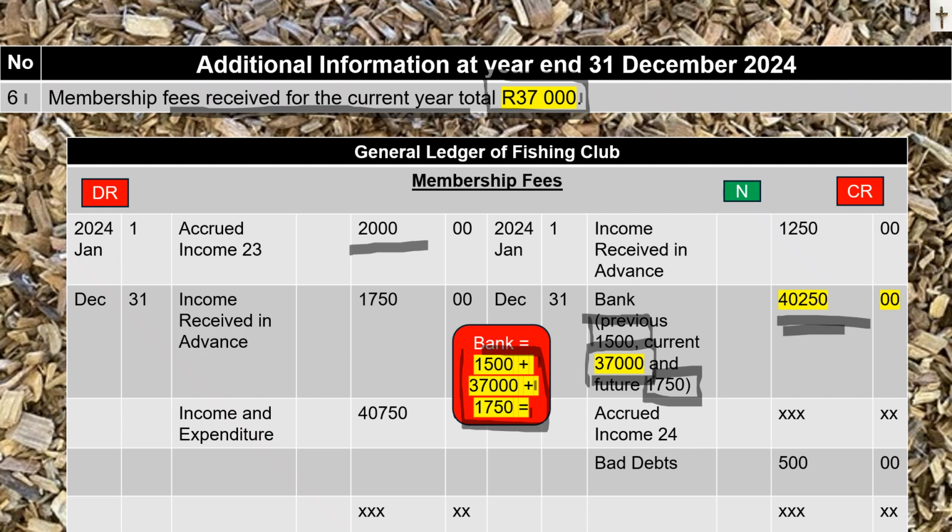In the exam, mention those three amounts. Just list them individually. You can even do it in brackets before you write down the total. So that is the bank amount on the credit side. Money that was received for membership fees. Some from last year, most from this year, and some for next year.